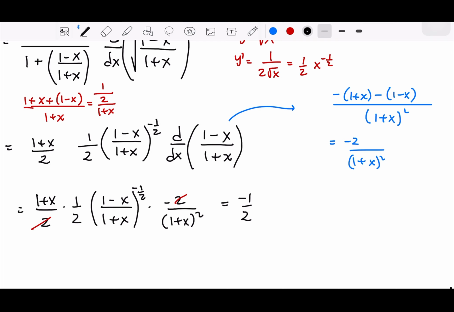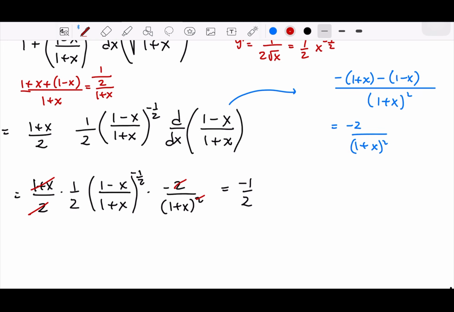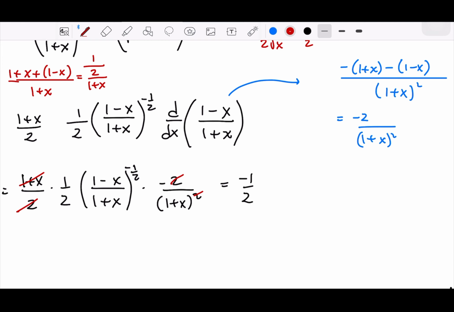And then multiply with, or maybe we can cancel this first. Yeah, we can cancel. So we have 1 plus x.